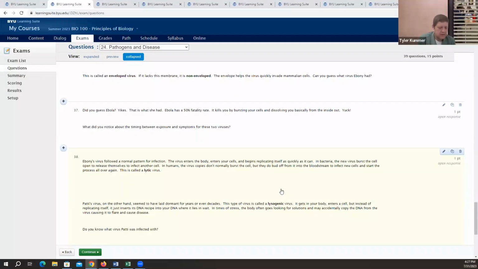Lysogenic viruses work differently. What they do is they actually get their genetic material into the host DNA, and then it lies dormant. And then every time that cell divides, it's going to go through S phase of the cell cycle, and it's going to make a copy of the virus's DNA in addition to its own DNA. And it's going to infect the cells by having the cells make copies of themselves, including the virus DNA.